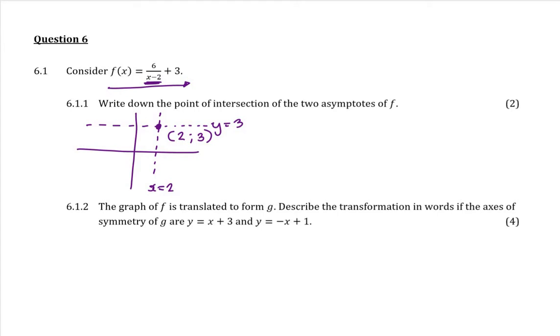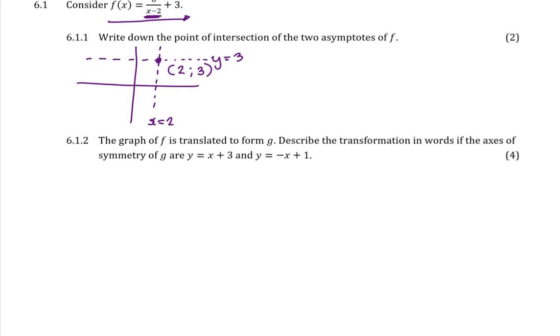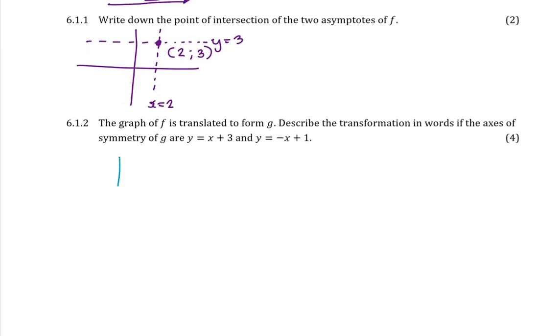Now this is kind of a stepping stone onto the next question, which is fairly tough. It said the graph of f is translated to form g. Describe the transformation in words if the axes of symmetry of g are y is equal to x plus 3 and y is equal to negative x plus 1. Now this is a fairly difficult question. Basically what they're saying is that there's some graph which is g and it's some transformation of f.